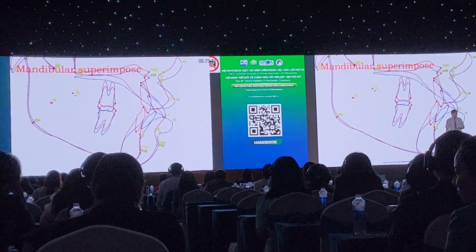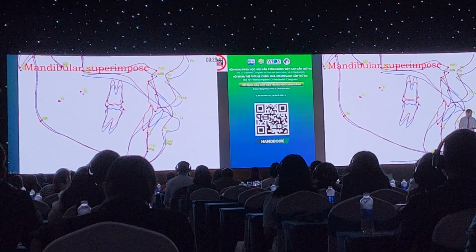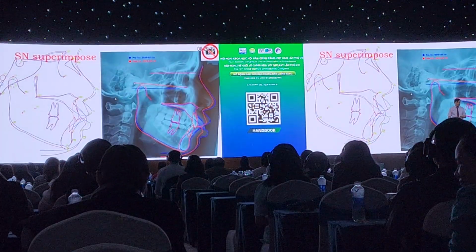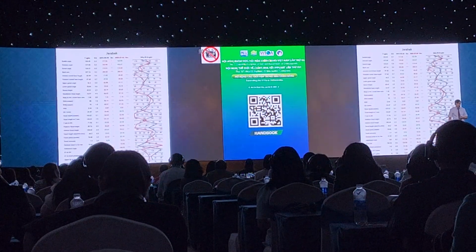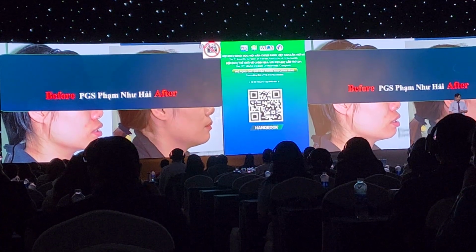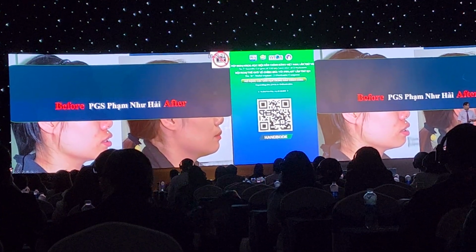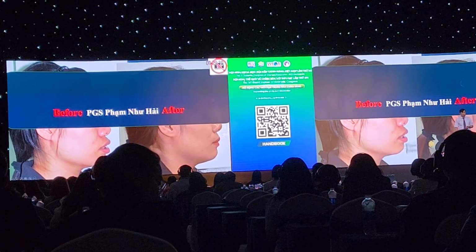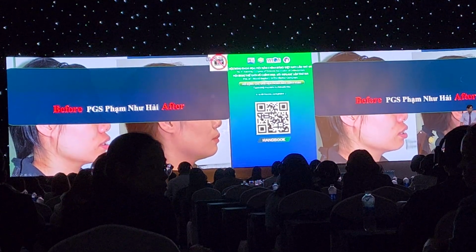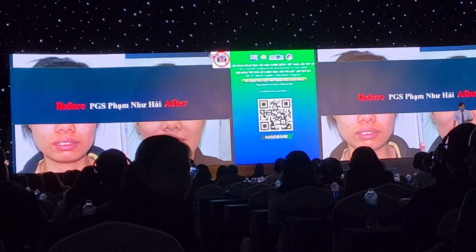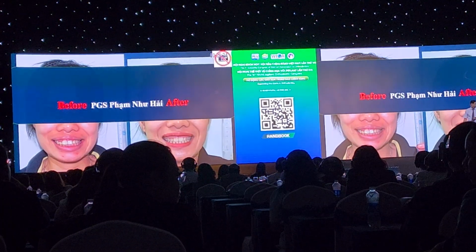I extrude the molar because I use class 1 elastic. In the facial photos, we do not see a loss or an increase of the vertical height. But in cephalometry, you can see better.